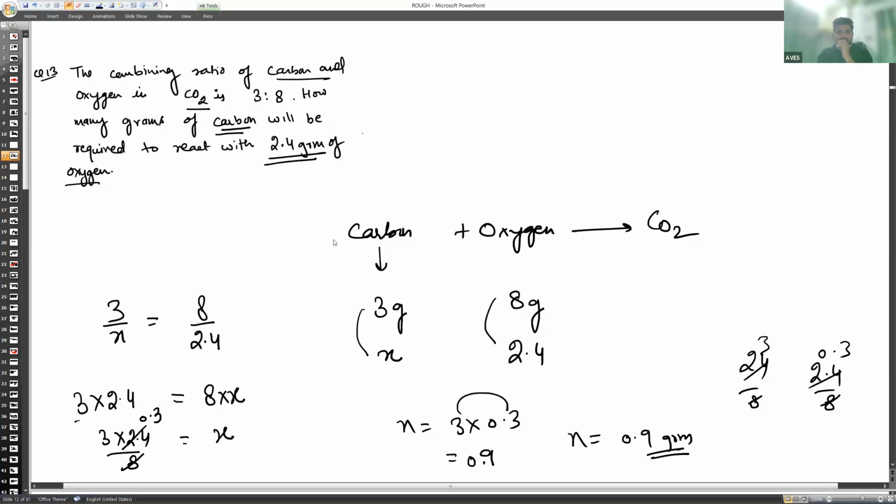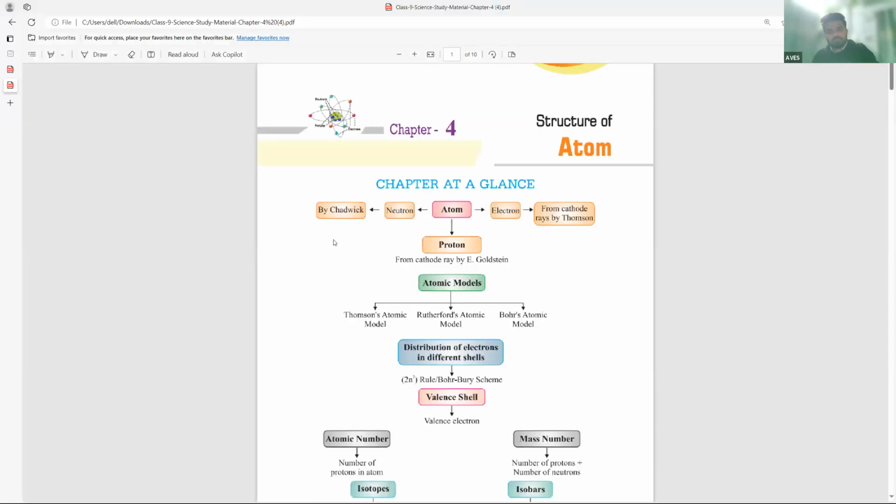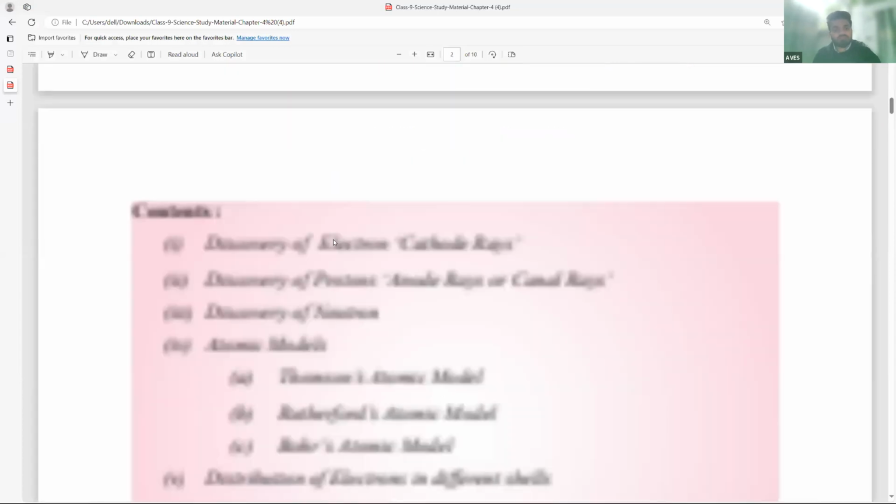Take the example. So what actually happens, is the screen visible to you now?